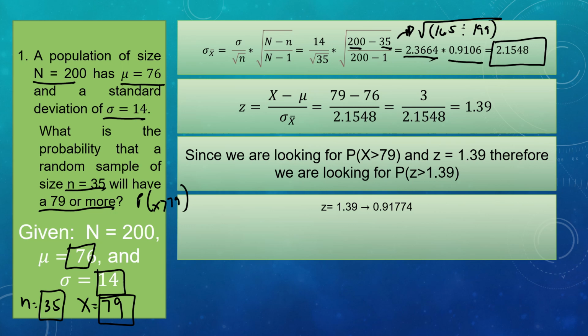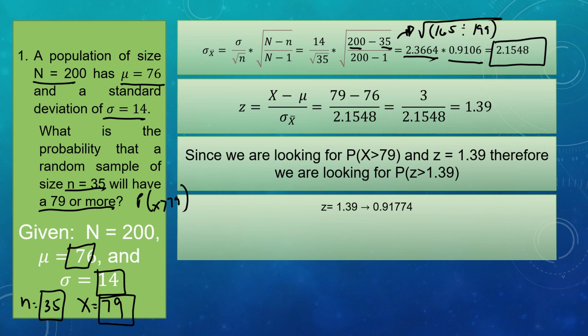Now, since we're looking for greater than, this is just a recall of what we learned in normal probability distribution. There are three concepts. First, if it is less than, we simply copy the area as is.